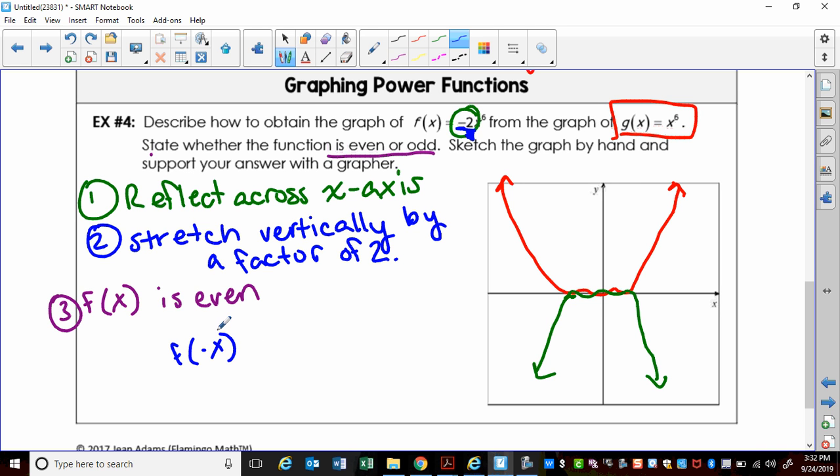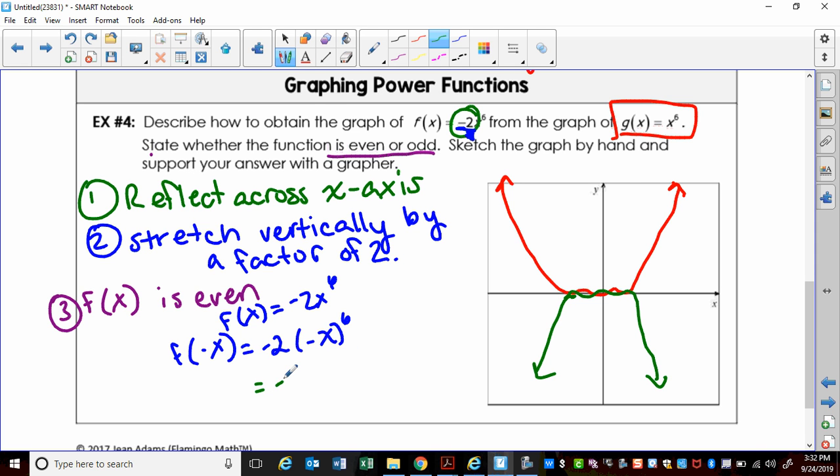My original function is f of x equals -2x to the 6. I'm going to plug in a -x into that, and that's -2 times (-x) to the 6. But since it has an even power, we're multiplying a negative number times itself an even amount of times, and that just becomes positive. So nothing's changing.